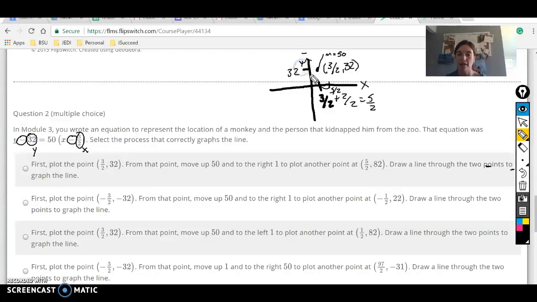So this is our y-axis. So 50 plus 32 is 82. So my point, a new point that I can utilize, just knowing one point and the slope, is 5/2 and 82. Okay, and that corresponds with this one here.